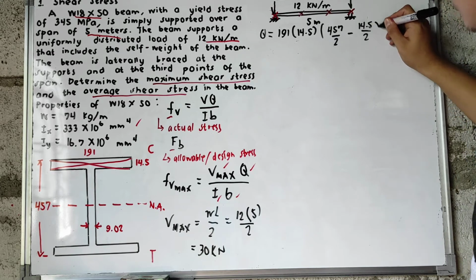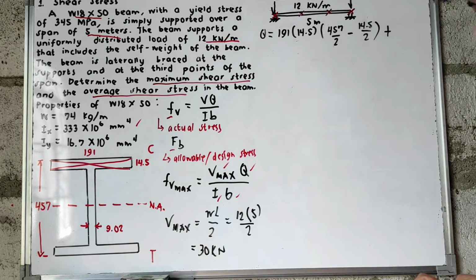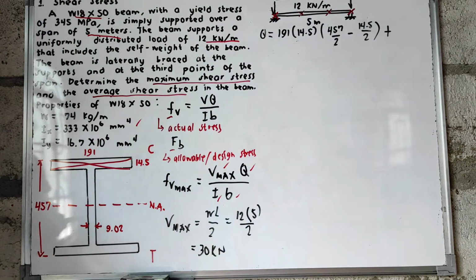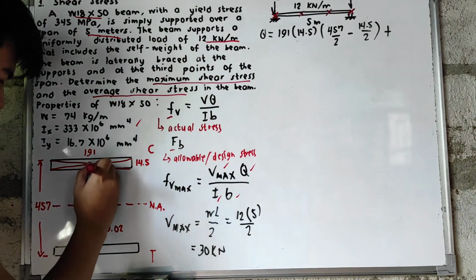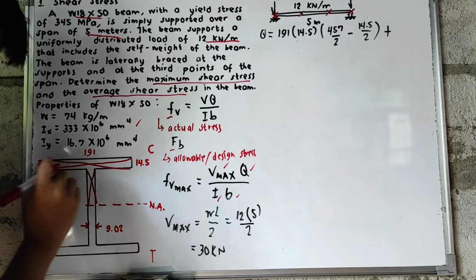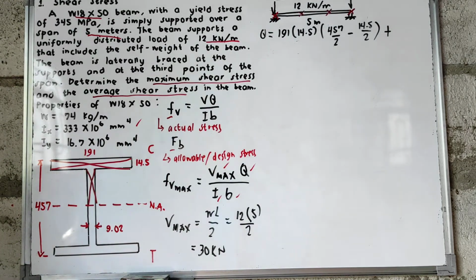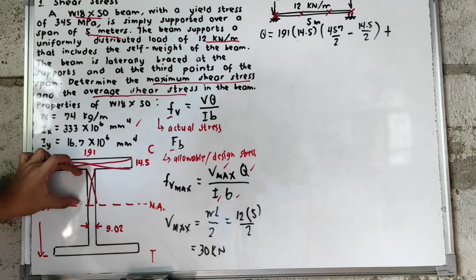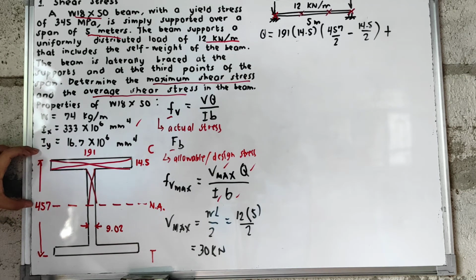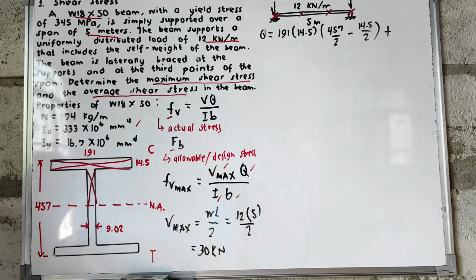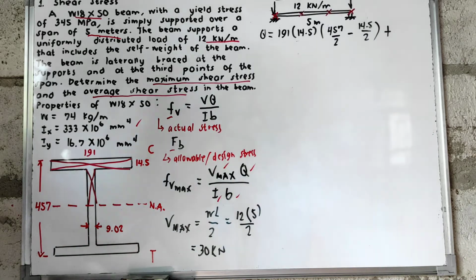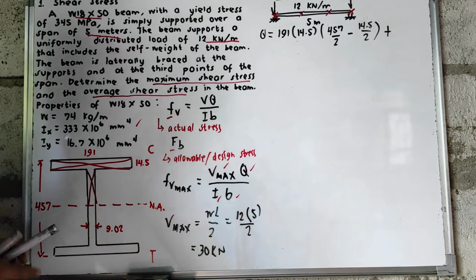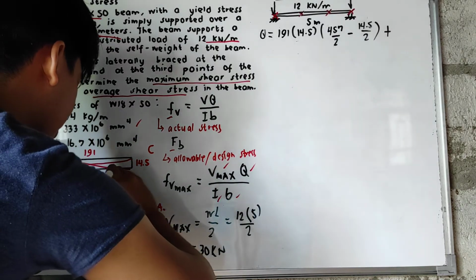divided by 2 plus we are going to consider yung nasa web naman. So for this one, ito naman yung i-consider nating area. So yung height natin sa part na to, we have 457 over 2, kasi kalahati, minus 14.5. So you will have a value of 214.